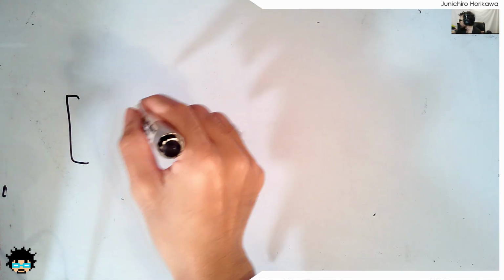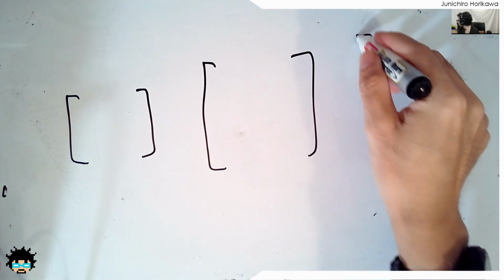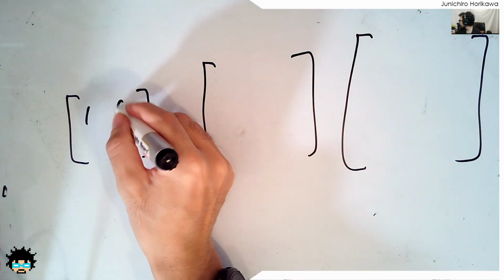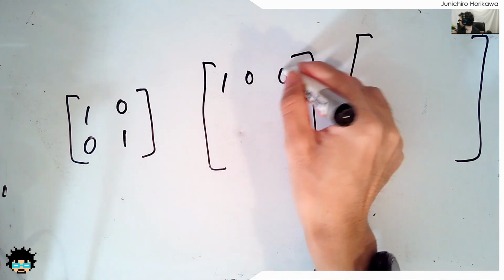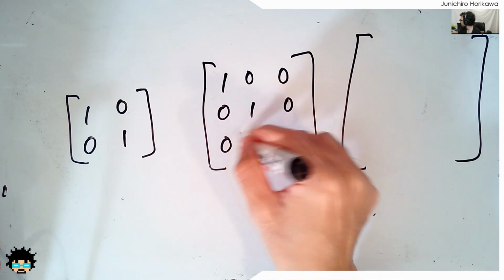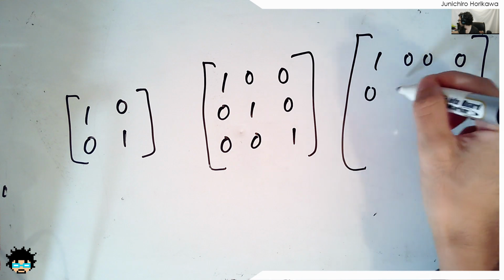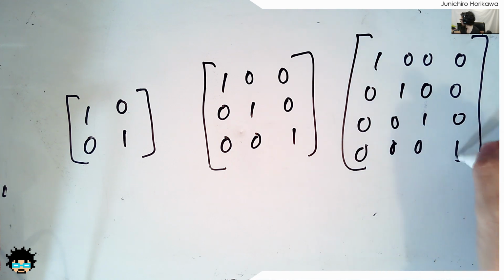Now, identity matrix can only be used for the square matrix, which is 2x2, 3x3, and 4x4. And it looks like this. For 2x2, it looks like this. For 3x3, it looks like this. And 4x4, it looks like this.